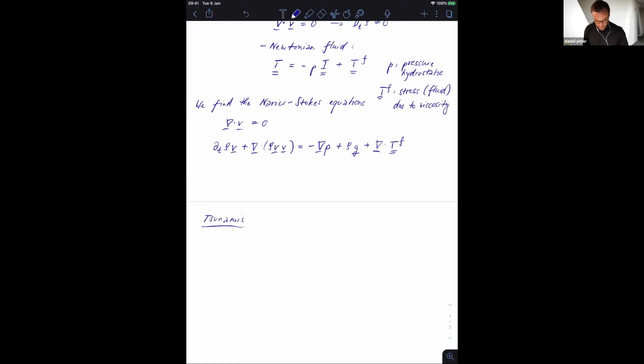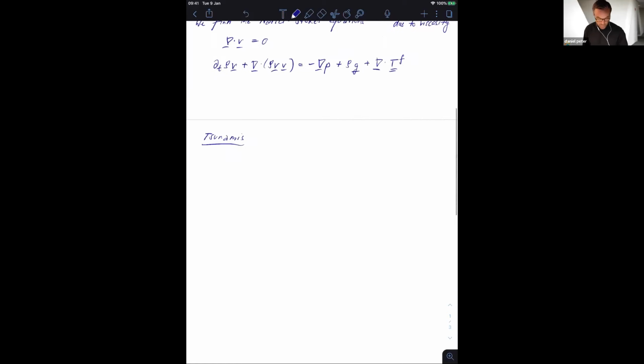Tsunami waves. If we look at tsunami waves, what we see is that we have a wave on top with a long wavelength, and then we have, let's say, a mean ocean depth here.